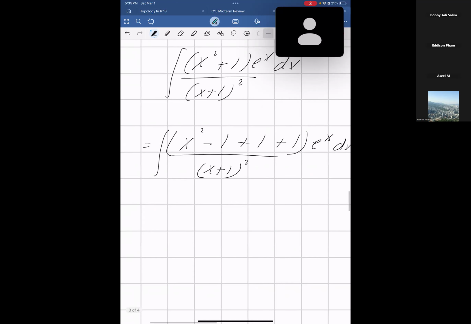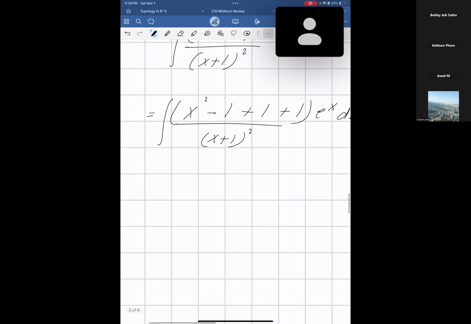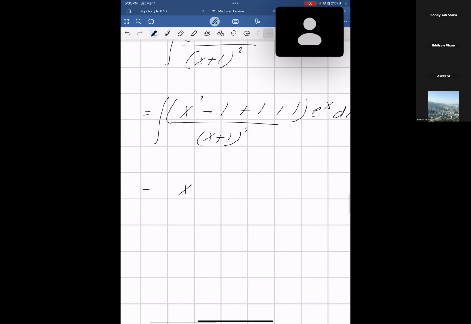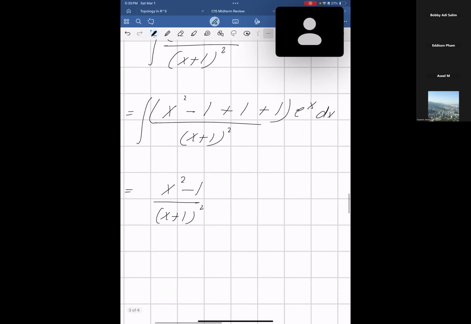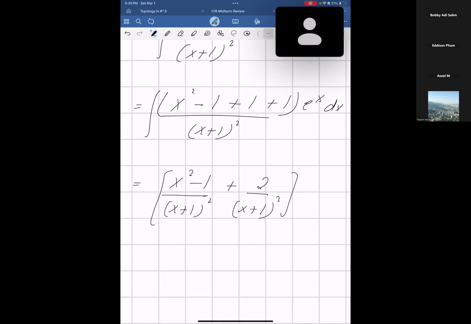This is just x squared minus 1 over x plus 1 squared plus 2 over x plus 1 squared, and then you have the e to the x dx.